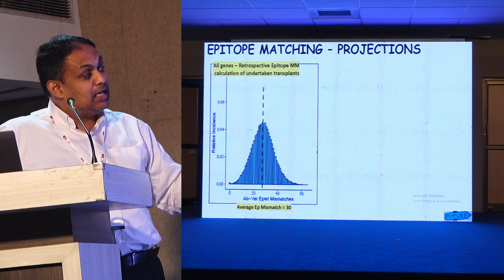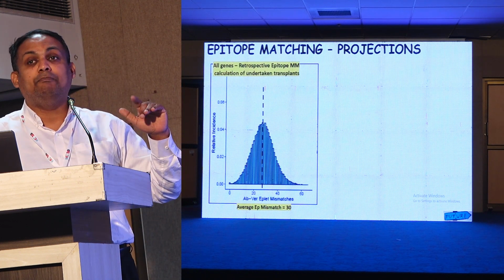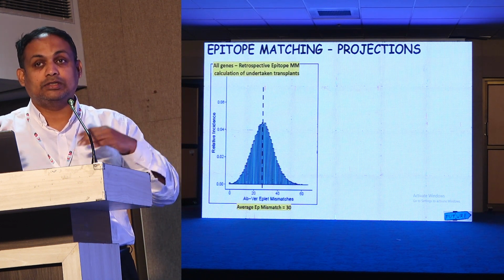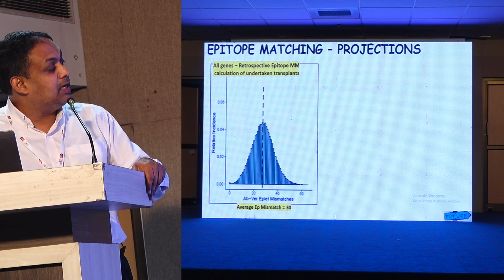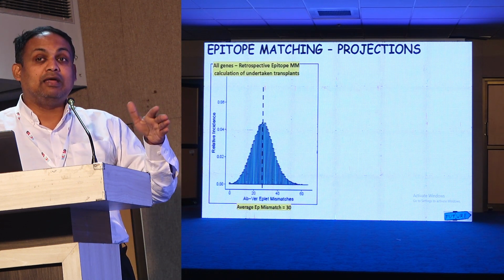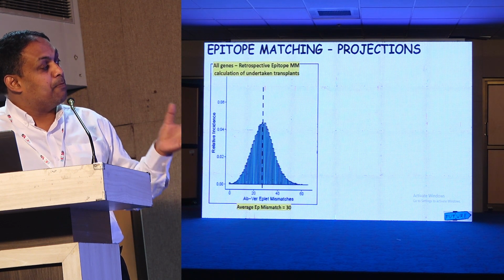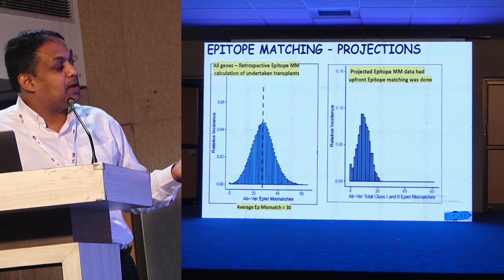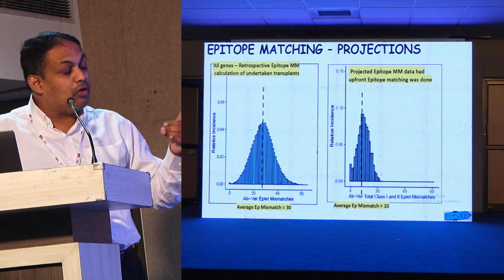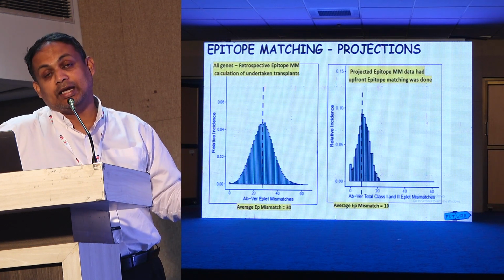Then, as an exercise, suppose proactively, prospectively they had undergone epitope matching, they found that they could have offered kidneys with just 10 epitope mismatches.